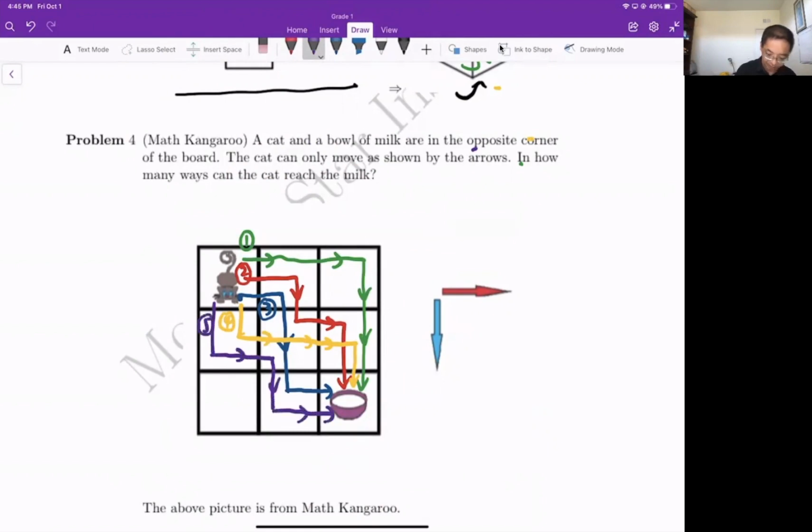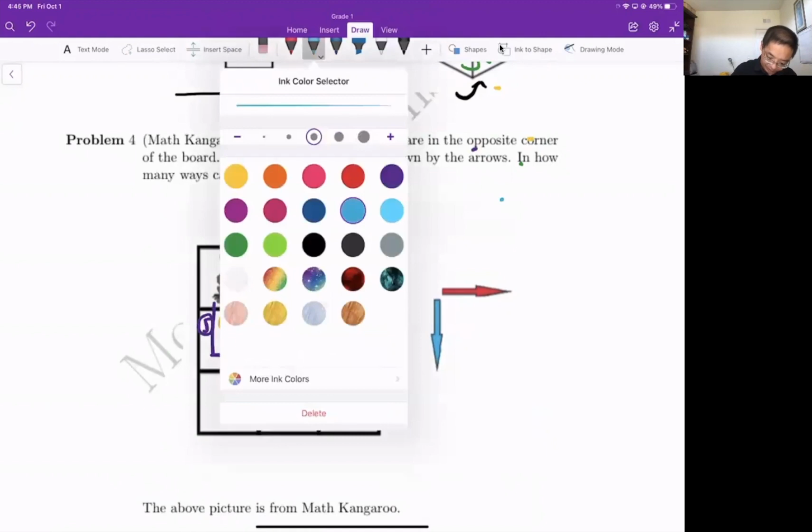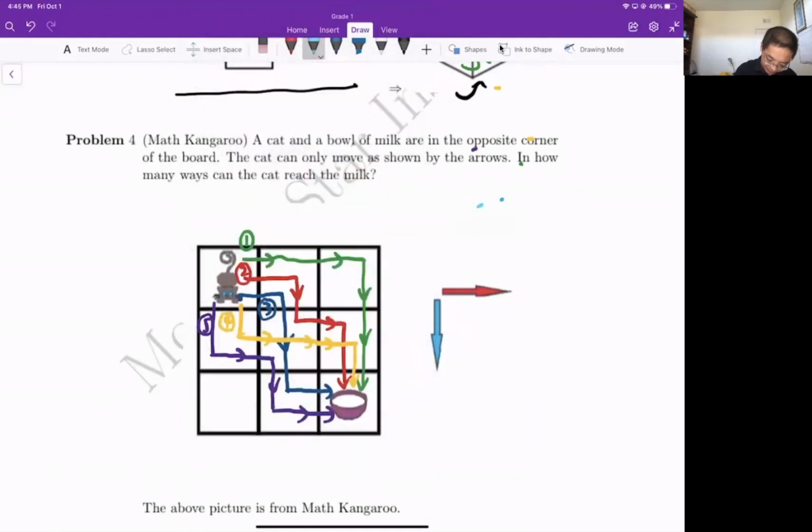This is the fifth way. And there's one way left, which is if we go all the way down first, and then all the way to the right. This is the sixth way.